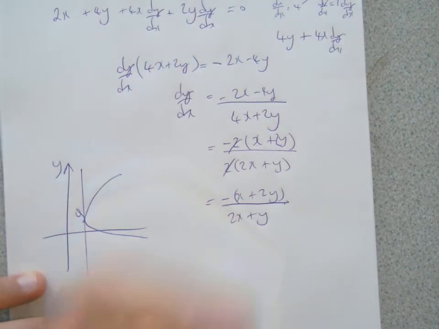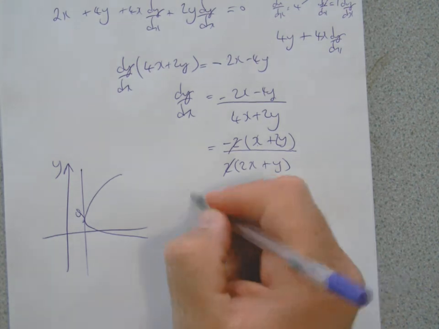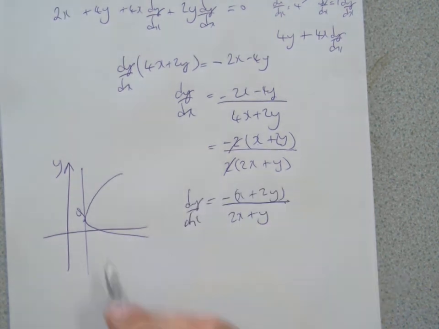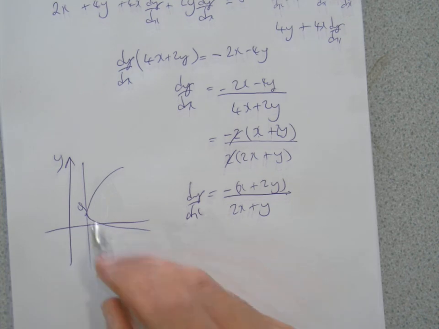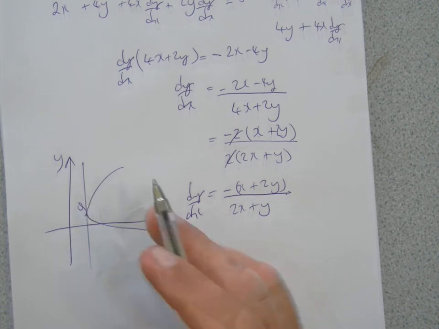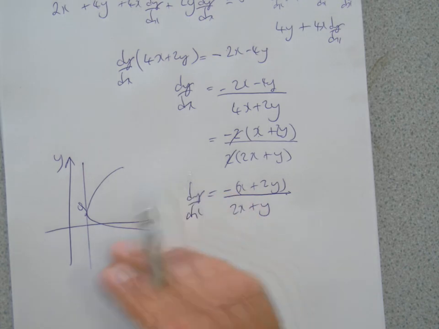And since it's parallel to the y-axis, we've got to ask ourselves, what's happening to dy/dx? What's happening to the gradient of that line? Well, if you think about it, because it's vertical, the gradient is like infinity, isn't it? Because the slope is just mega.